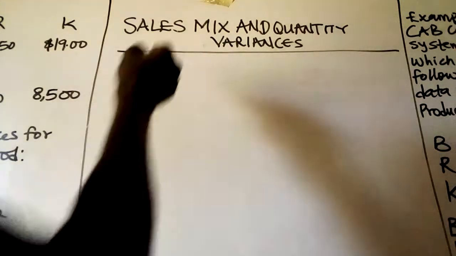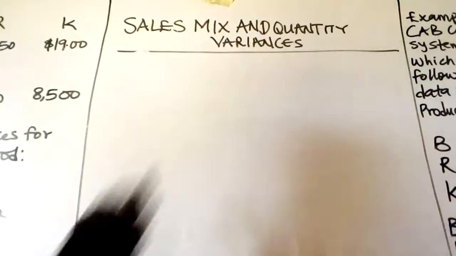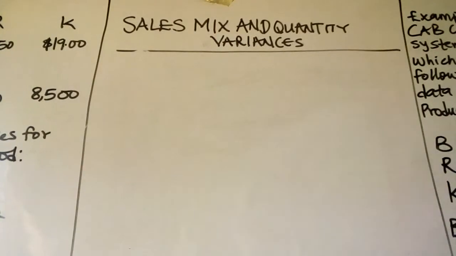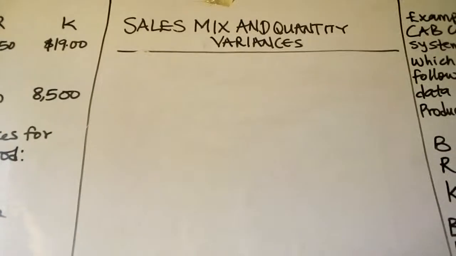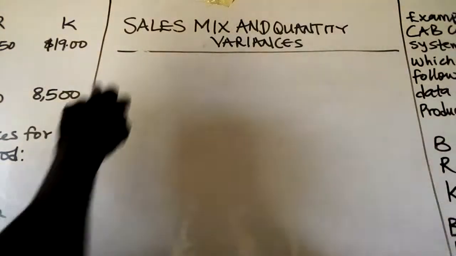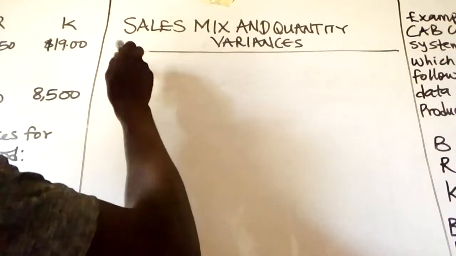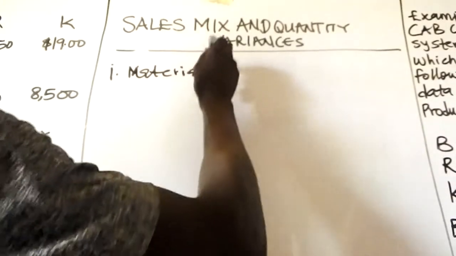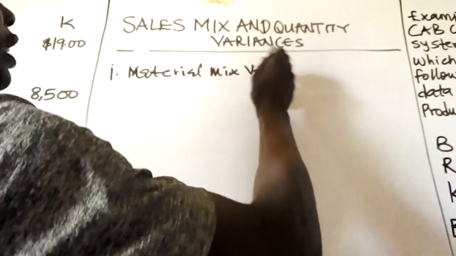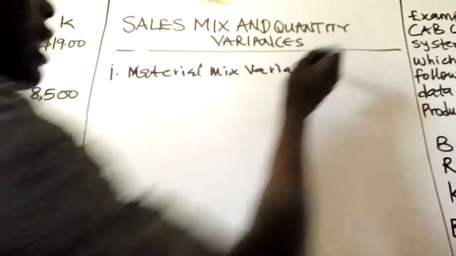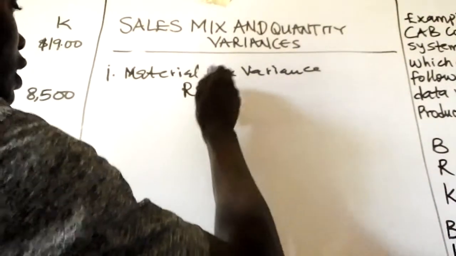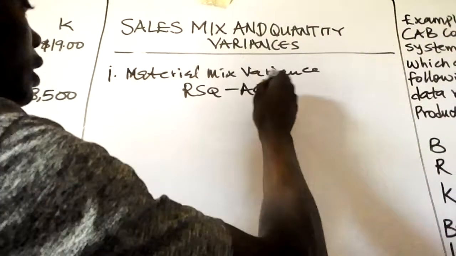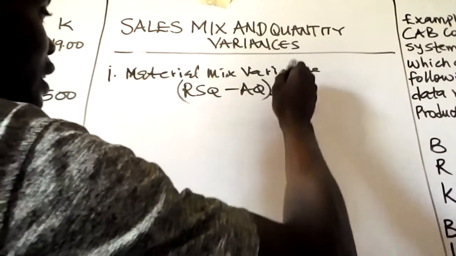Before I proceed to sales mix and quantity variances, I want to recap material mix and yield variances we have examined in our previous lecture. We said material mix variance is the revised standard quantity minus the actual quantity multiplied by the standard profit.